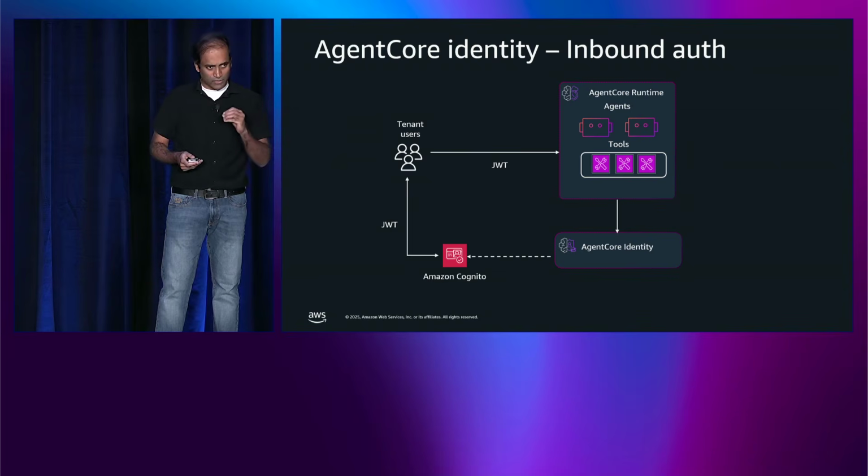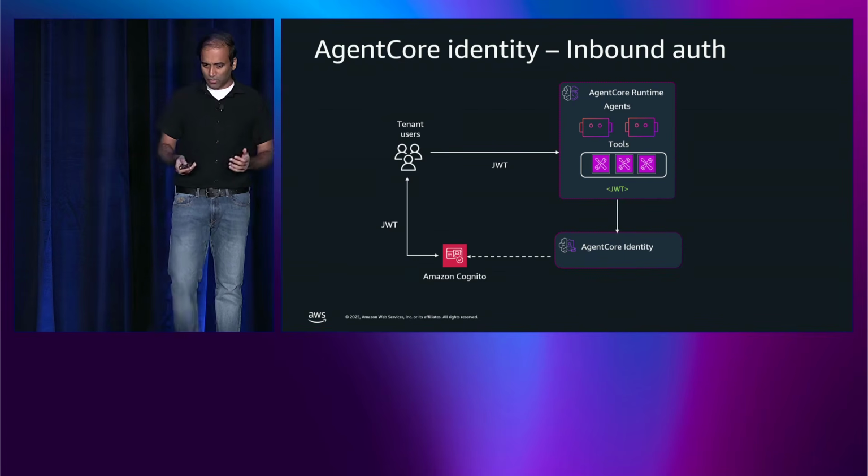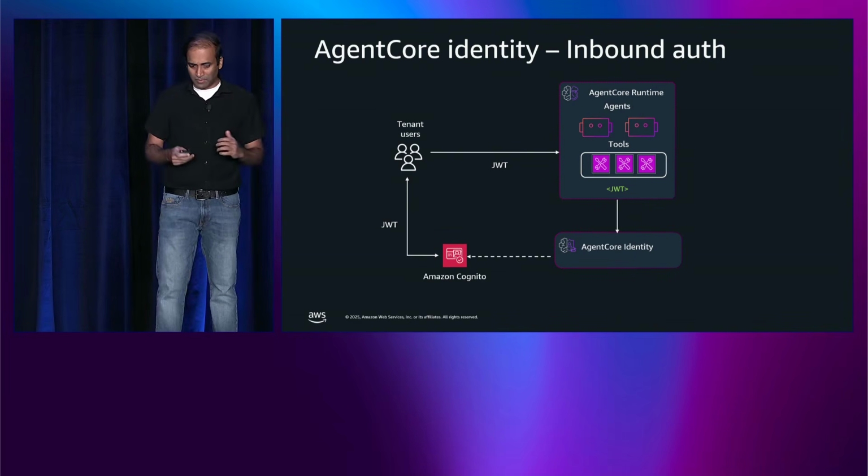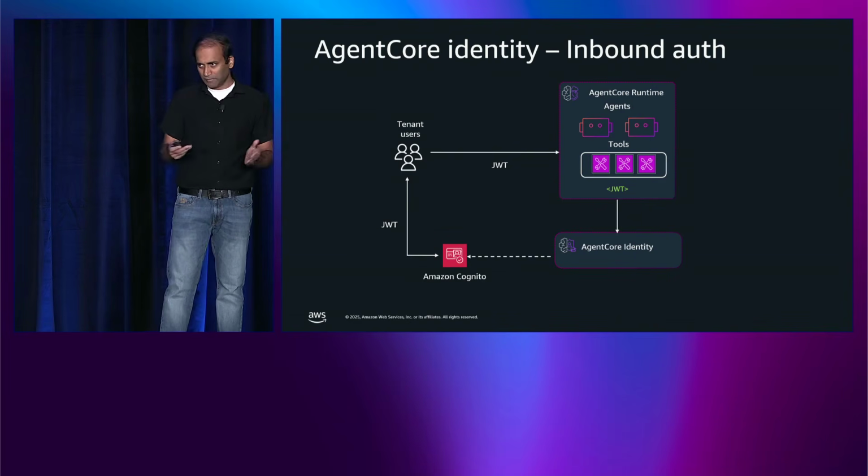So once you do this configuration, AgentCore identity will get hold of that inbound JWT token, talk to your IDP, and authorize that particular call. Once it authorizes that particular call, then the JWT token will be available within the AgentCore runtime. That's how the inbound authorization can be implemented using AgentCore identity. Pretty straightforward.